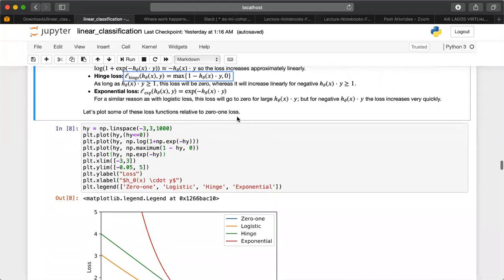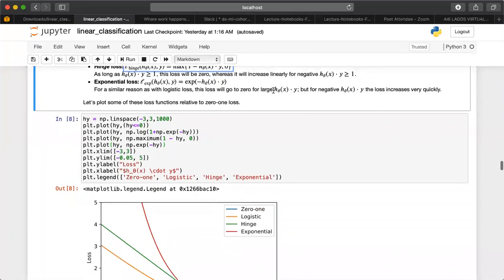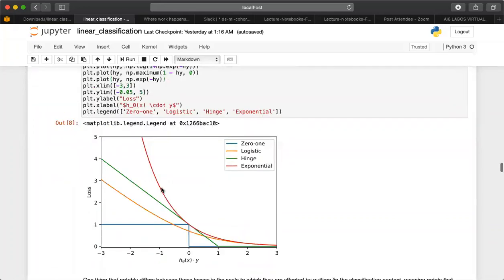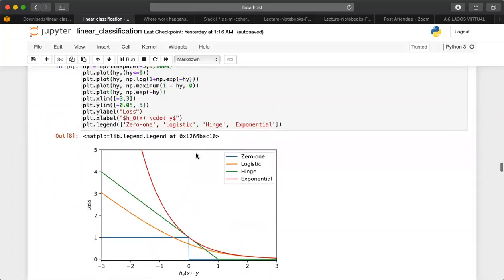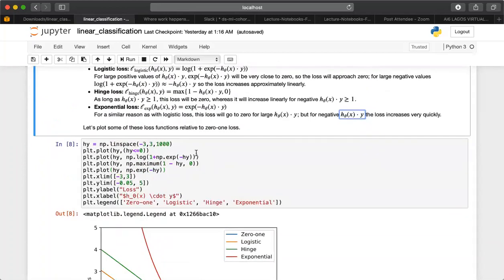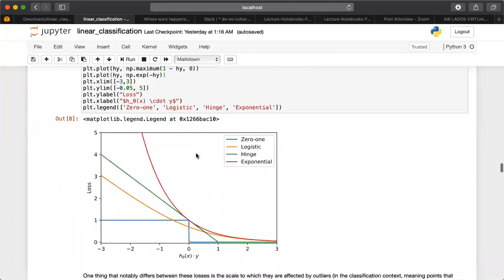And then the exponential function is this. We are finding the exponent. And for similar reasons as with the logistic loss, the loss will go to 0 for large values of this, but for negative values of this, it increases very quickly, right? You can almost imagine why. If you look at the curve, if you have the exponent of negative hy, what does that give you?